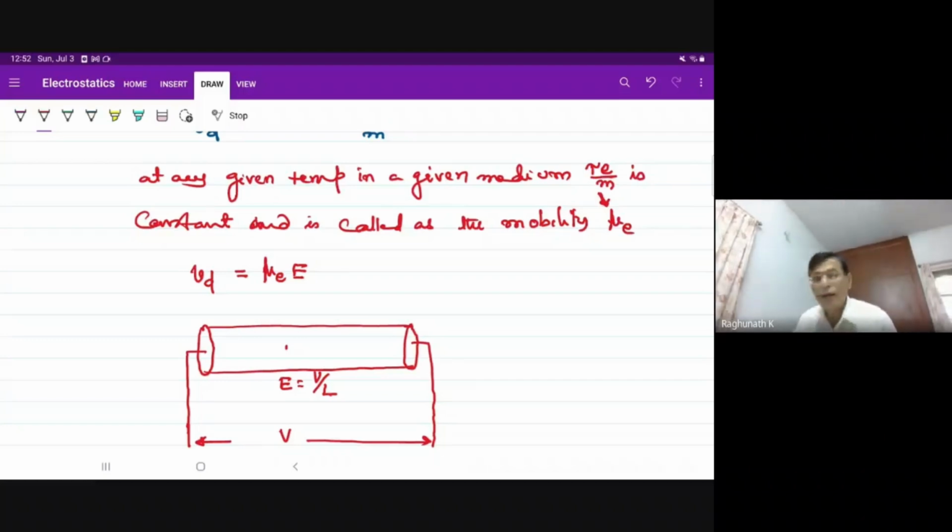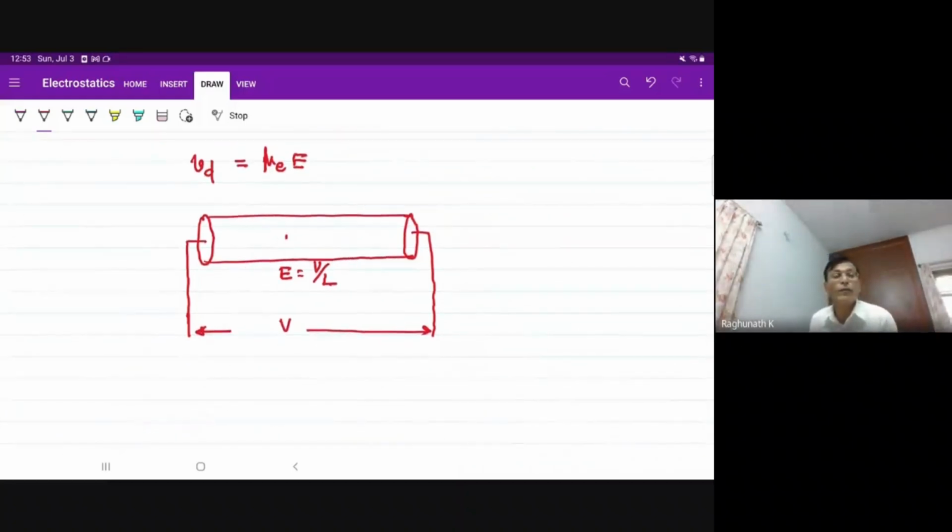Now you see, I have applied the voltage between the ends of the conductor that creates the electric field intensity inside the conductor, because of which the electrons start traveling with average drift velocity Vd determined by the other factor, basically mu. Because it is the conductor of given area of cross section and number of electrons per unit volume, what is the current I through the conductor?